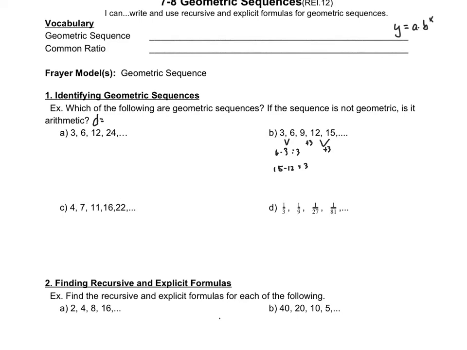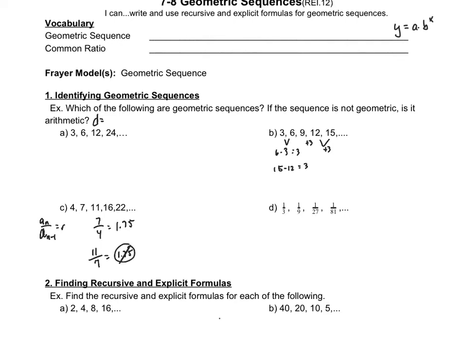So here, if I look at C, in order to find a common ratio, I take one term and I divide it by the previous term, and that is my common ratio. So if I take 7 divided by 4, that is 1.75. And then if I take 11 divided by 7, that quite honestly is not 1.75.